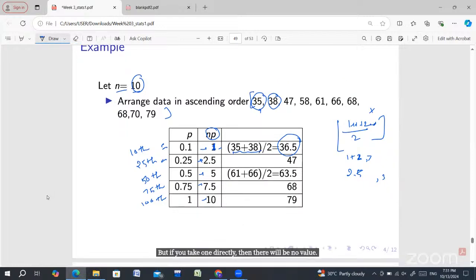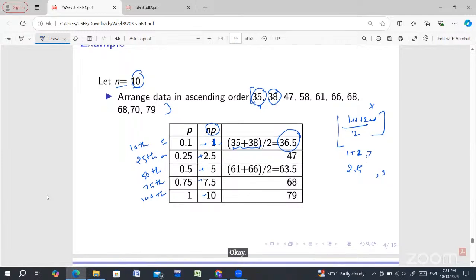So that's why we have to take the first value and the next value and the average of both. So if it is 2.5, then you have to take the third value, which is 47 here.